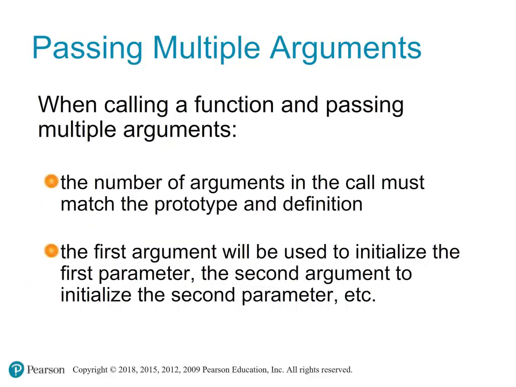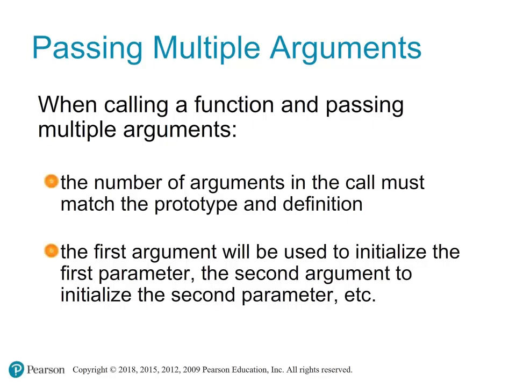The number of arguments in the function call must match the number of parameters in both the function prototype and the function definition. The first argument in the function call will be used to initialize the first parameter, the second argument for the second parameter, and so on.